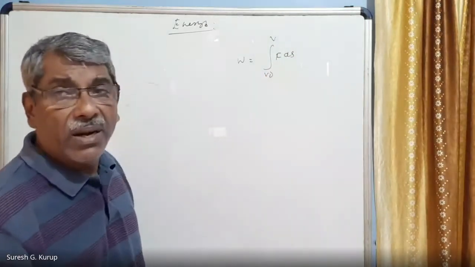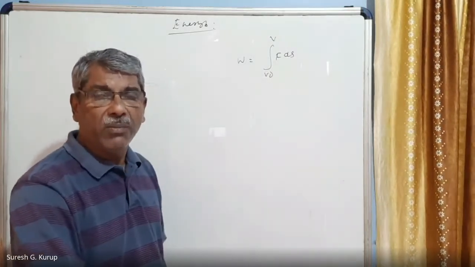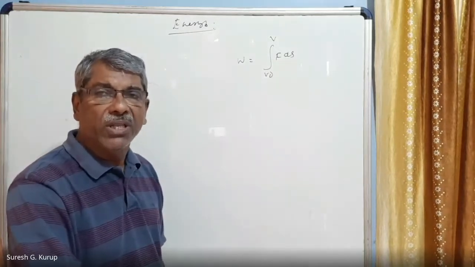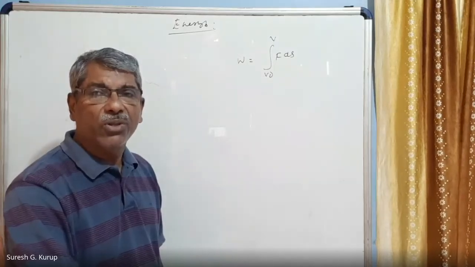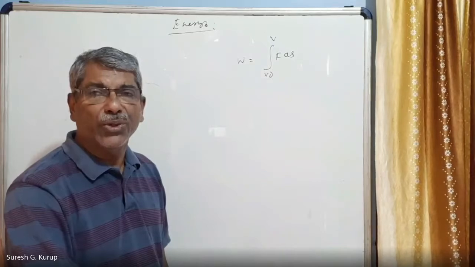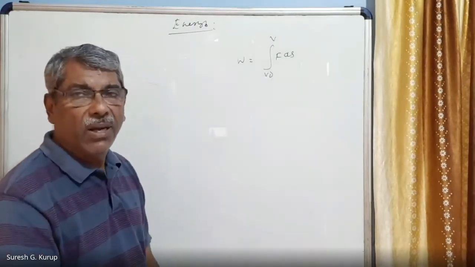F ds I can write because the body is displaced by ds in the direction of the constant force, theta is equal to 0. Therefore, F dot ds is F ds cos theta, which is F ds into cos 0 equal to 1, that is F ds.